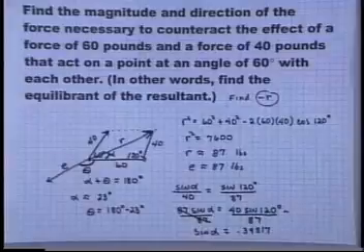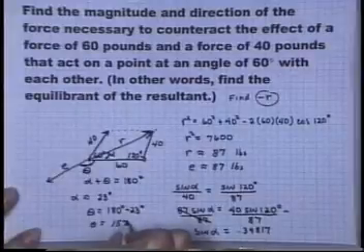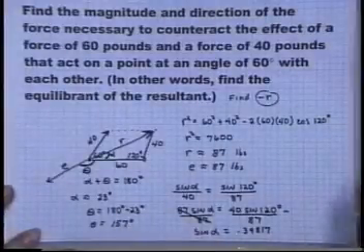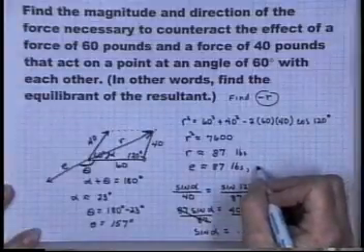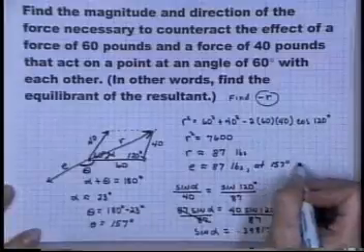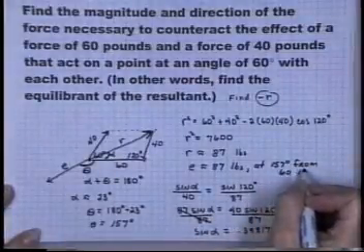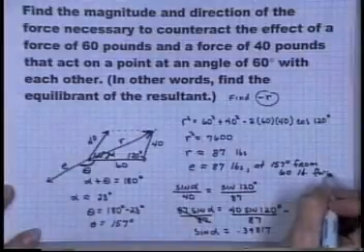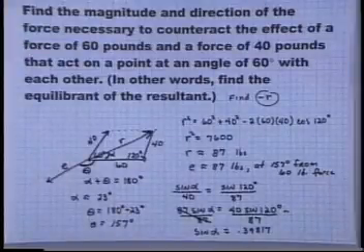So 180 minus 23 gives me about 157 degrees. So what we're going to say, E is 87 pounds, and it is at 157 degrees from the 60-pound force. And that will give us some measure of the direction of this equilibrant.